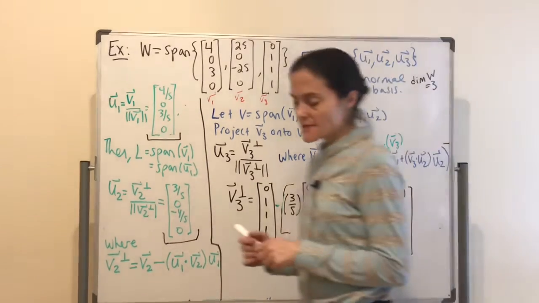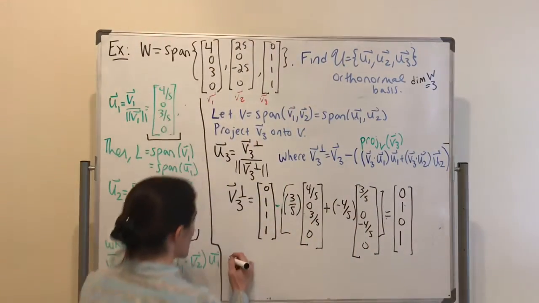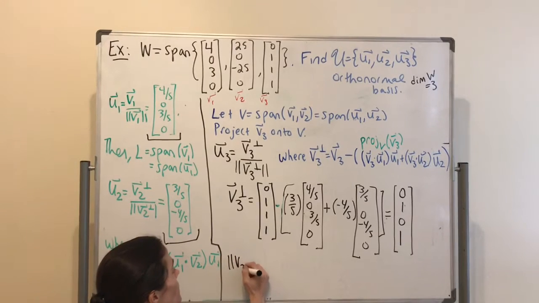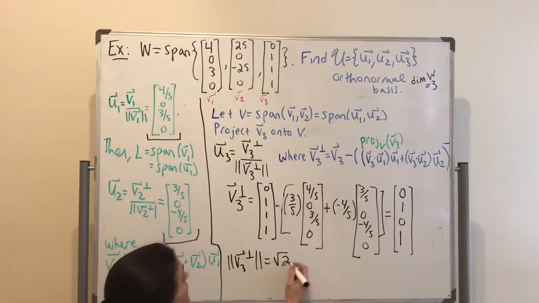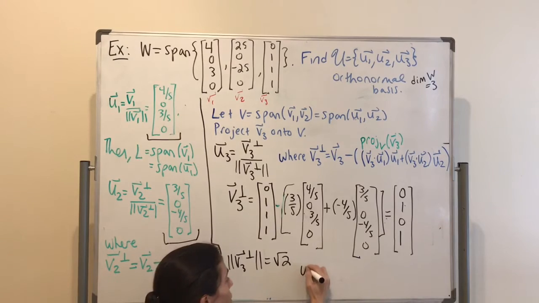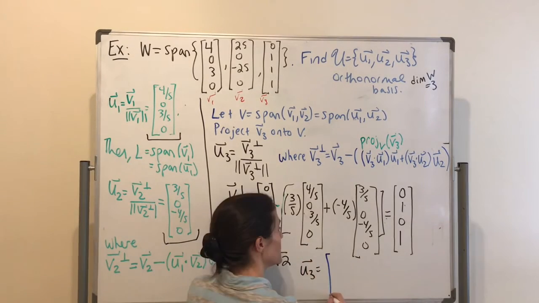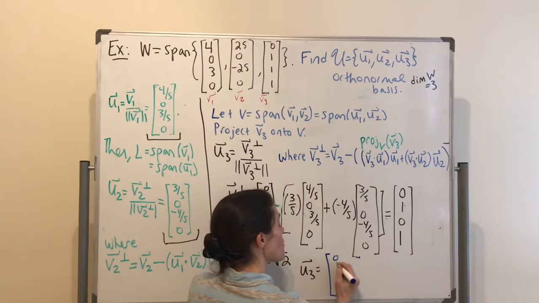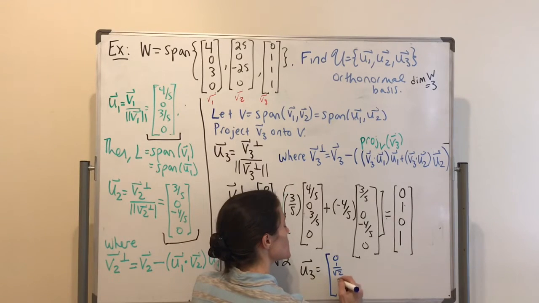So maybe I'll write that here. This length is the square root of 2. And so our final basis vector, U3, is here. It's 0, 1 over the square root of 2, 0, 1 over the square root of 2.